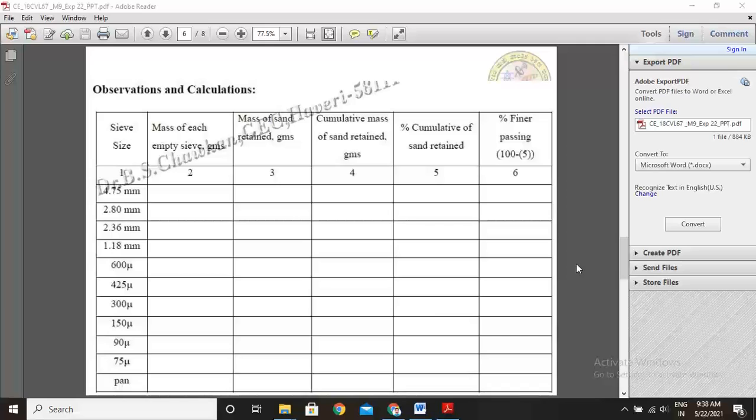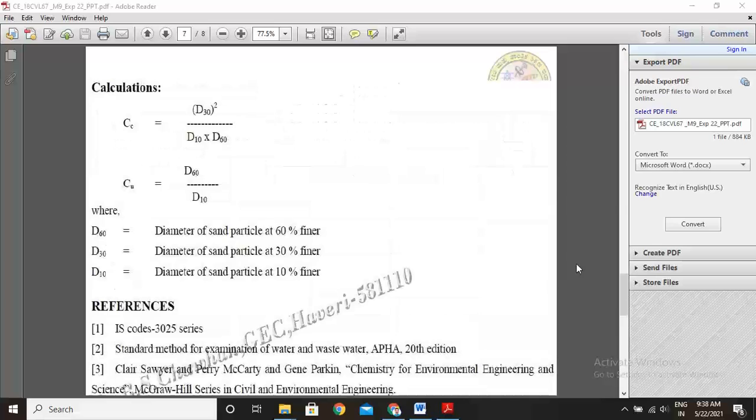After completion of this table, plot the graph with percentage finer on the y-axis and sieve size in mm along the x-axis. Then calculate Cc equal to D30 squared divided by D10 times D60.